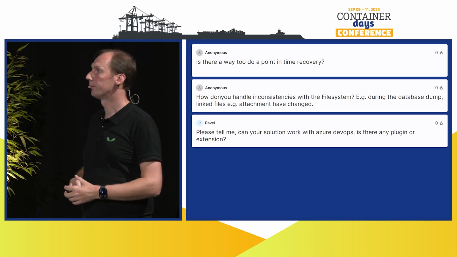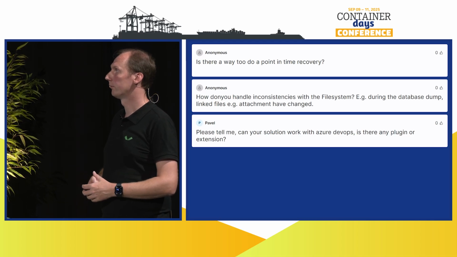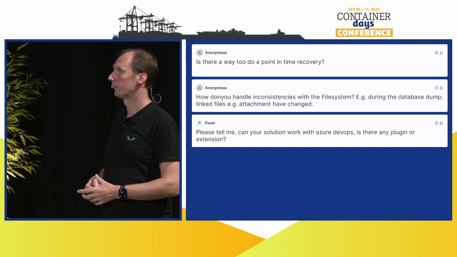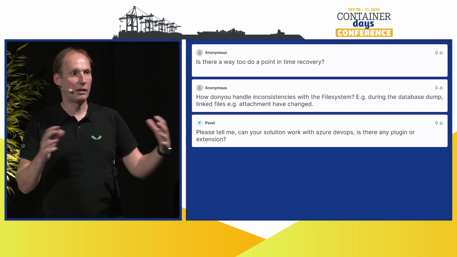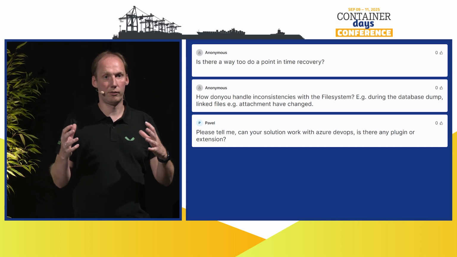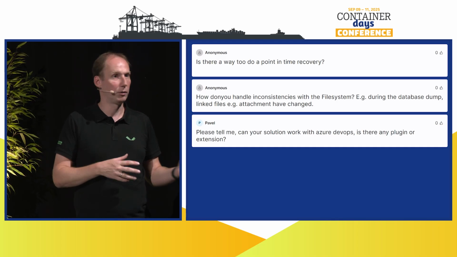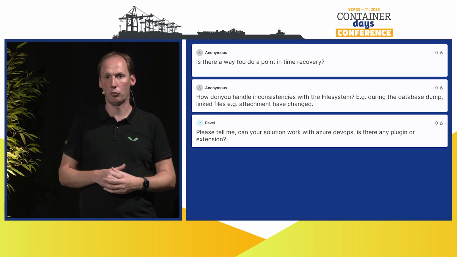How do you handle inconsistencies within the file system? For example, during the database dump, linked files attachments might have changed. So the database itself, as I said, with Kanister, we are putting it in backup mode or just exporting it.